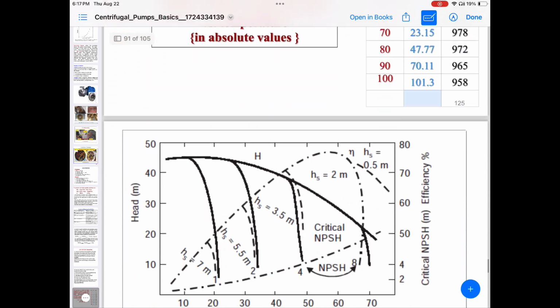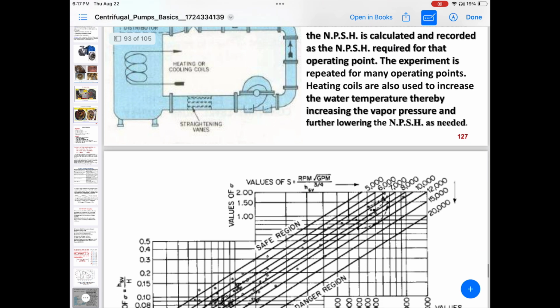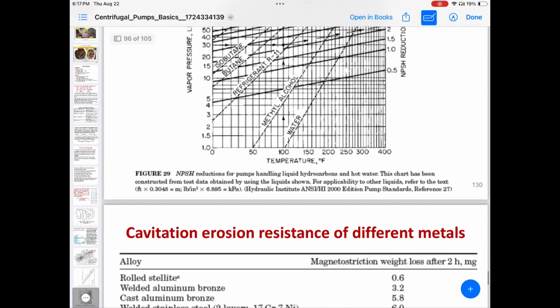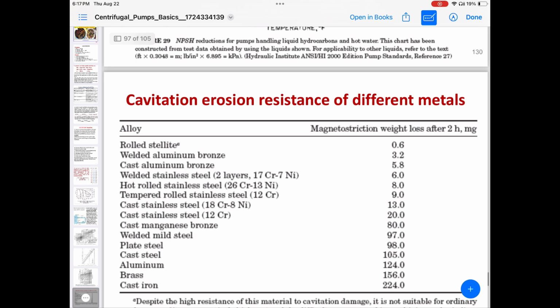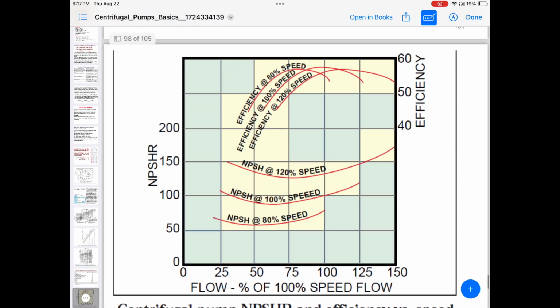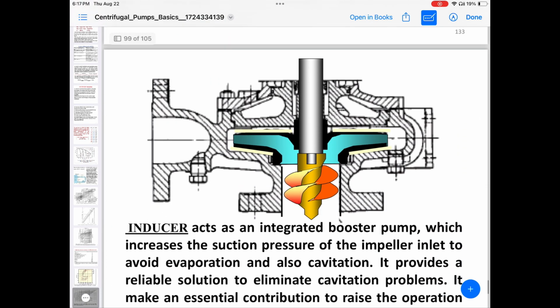Seeing these pictures, it depends on temperature. This also gives a chart of cavitation resistance of different materials, for the loss of material while running the pump, depending on the liquids.